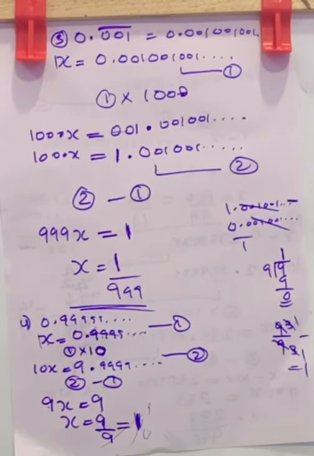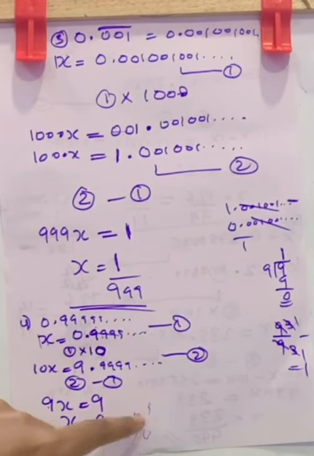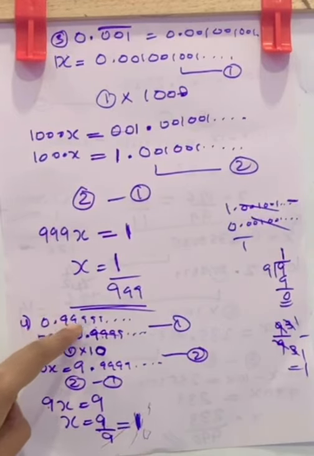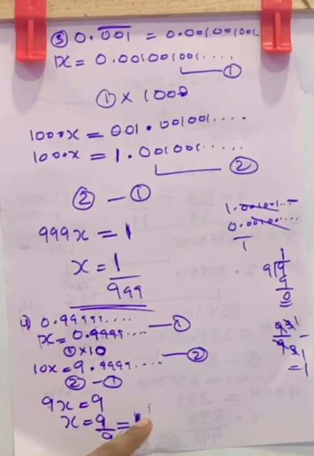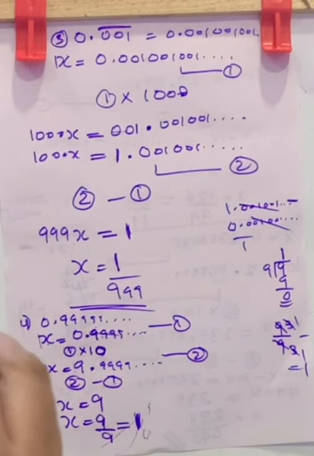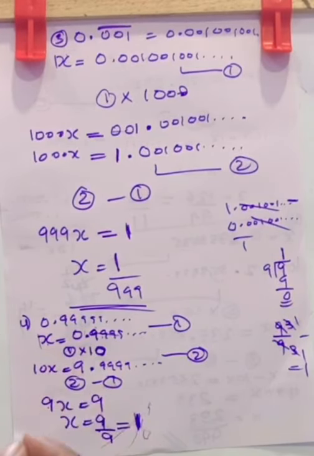Now in the question they asked, are we surprised by the answer? Yes, because after writing 0.9999 in P by Q form, we got 1. This is because 0.9999 is very much close to 1.